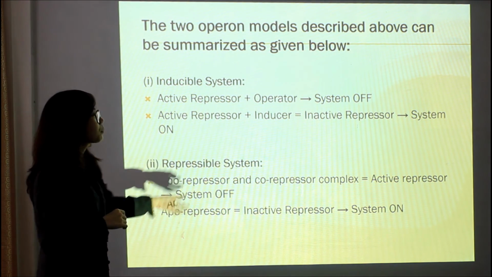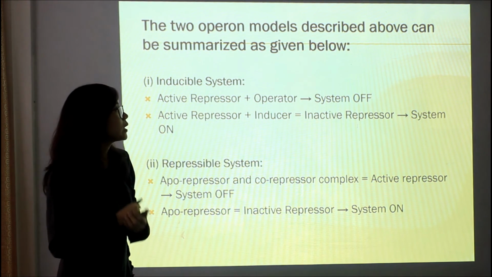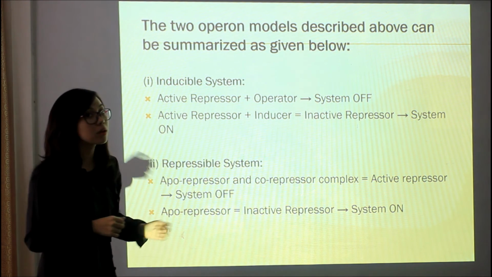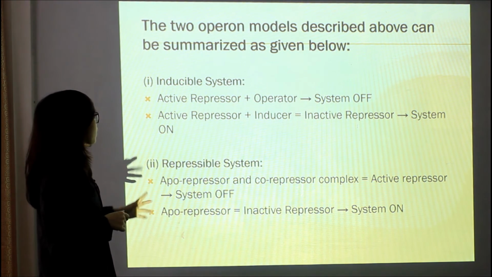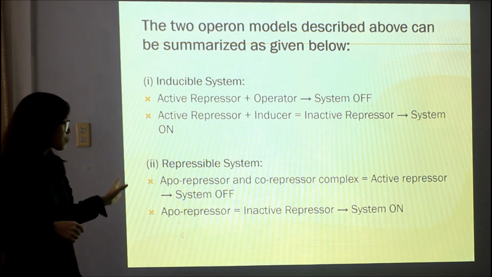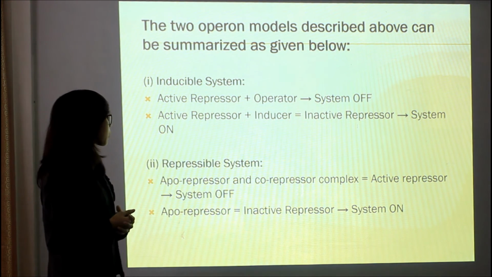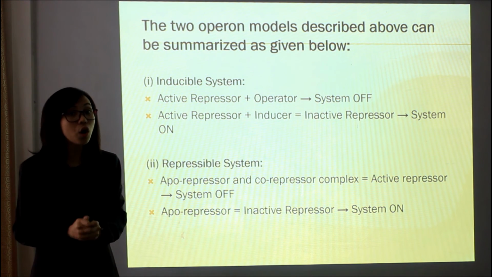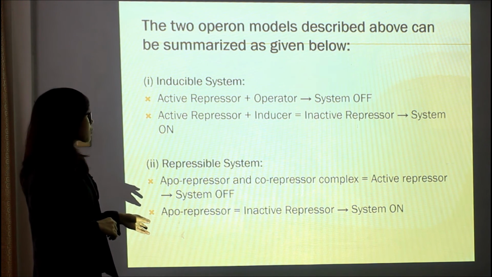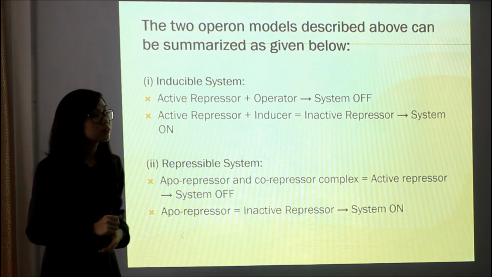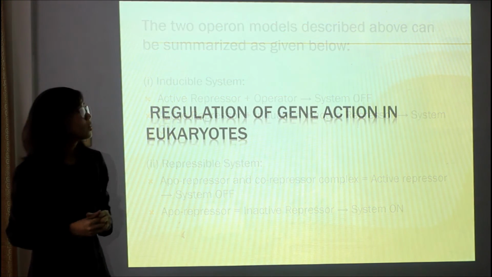Active repressor plus inducer equals inactive repressor, and the system is on. In the repressible system, aporepressor and co-repressor complex equals the active repressor, and the system is off. Aporepressor alone equals inactive repressor, and the system is on.